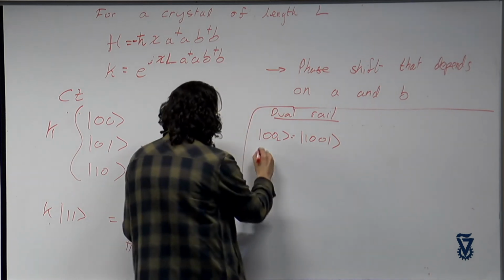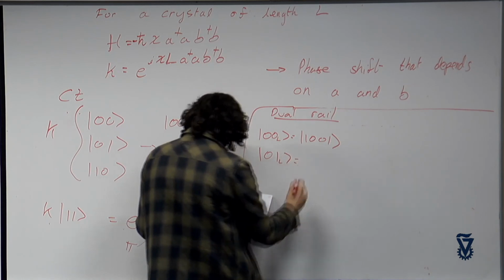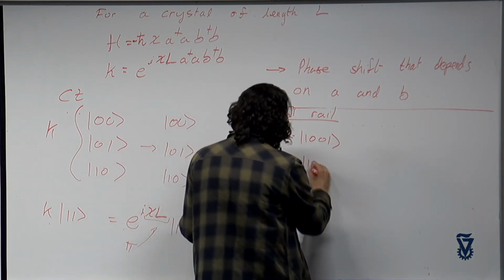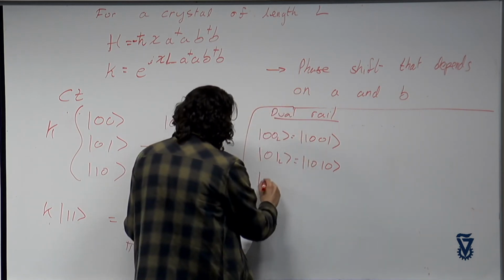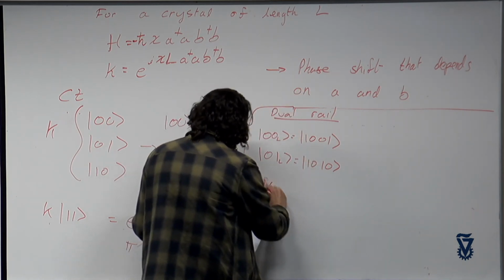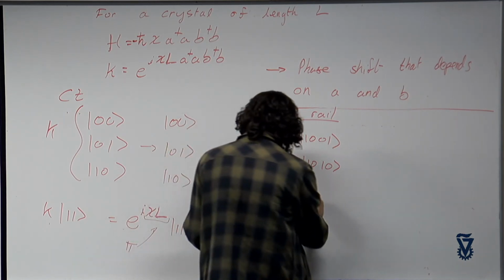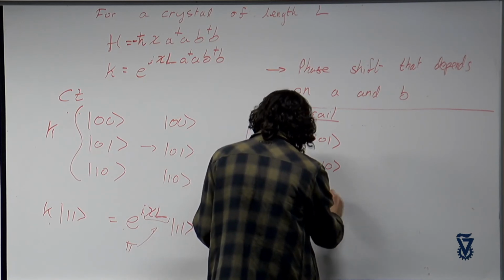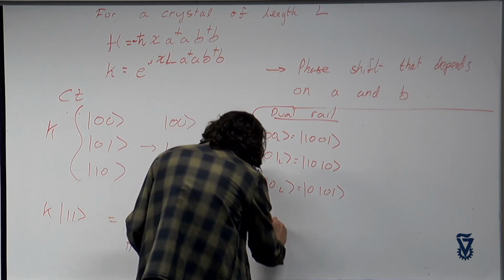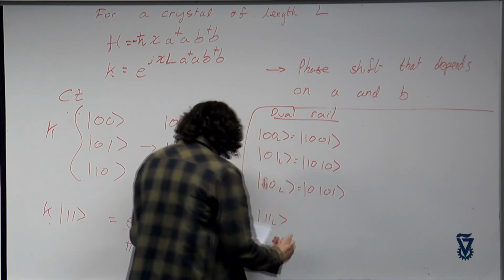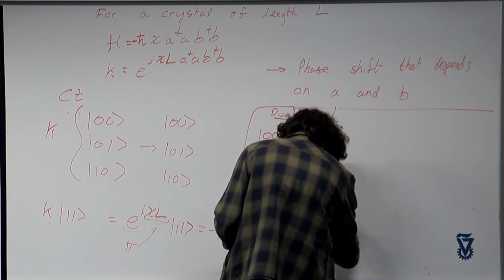Okay? 0, 1 logical is going to be 1, 0, 1, 0. The 1, 0 logical is going to be 0, 1, 0, 1. And the 1, 1 logical state is going to be 0, 1, 1, 0.